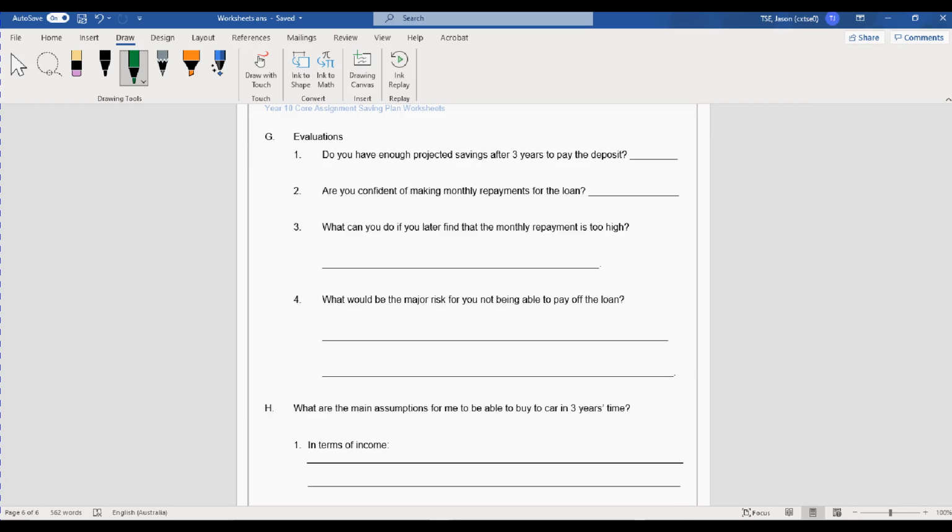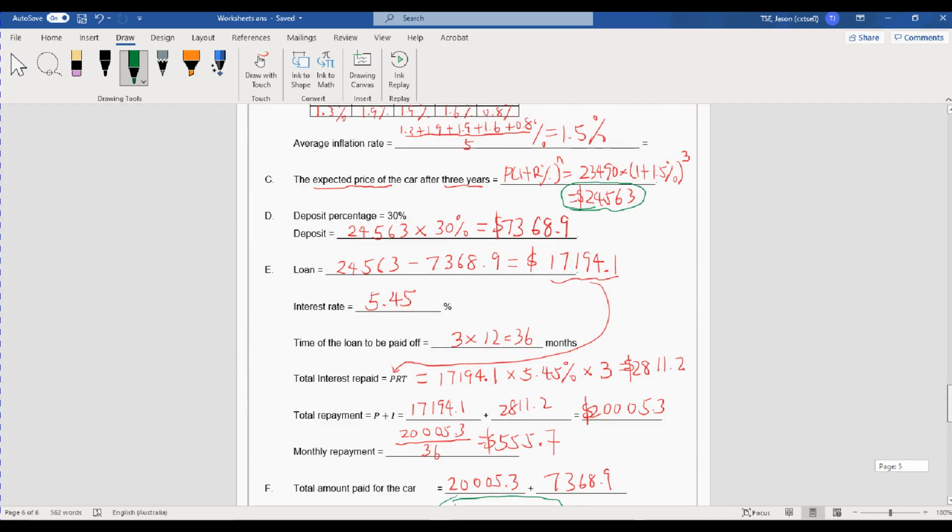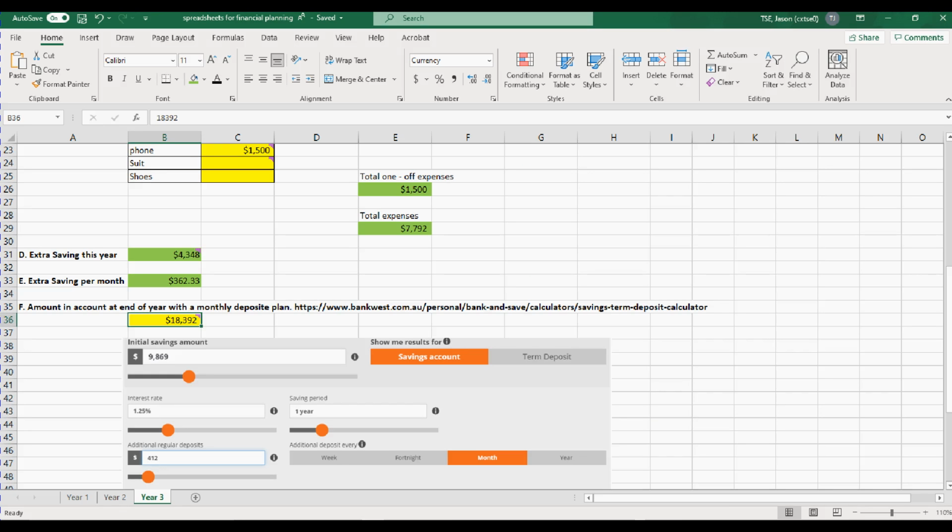Do you have enough projected saving after 3 years to pay the deposit? Let's go back to have a look. So the deposit we need to have is around 7,400, right? So let's go back to see our saving.